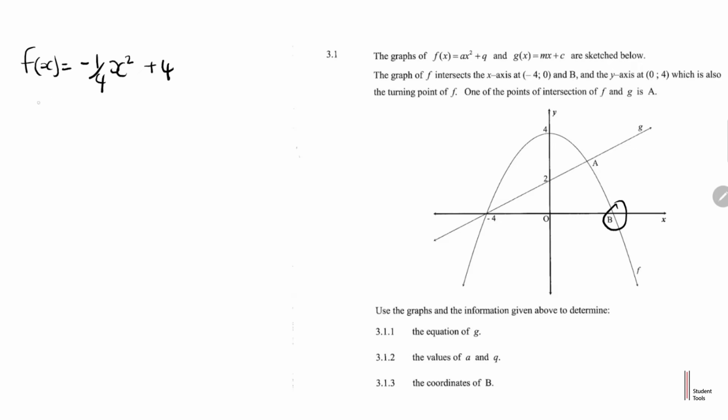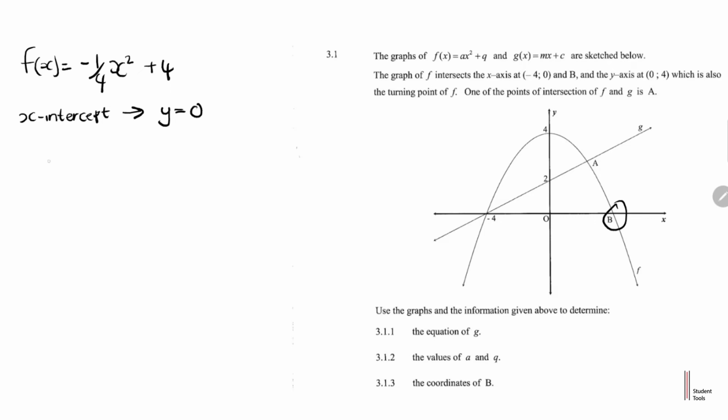So when we want to find the x-intercept of a graph, we have to make y equal to 0. So because we have f of x here, that means we will make f of x equal to 0, and then we solve.